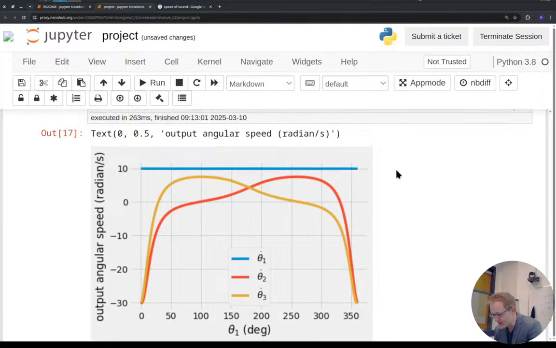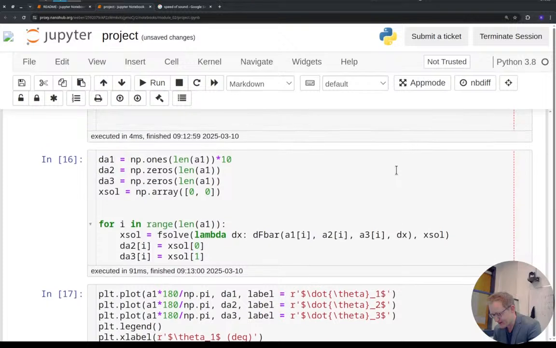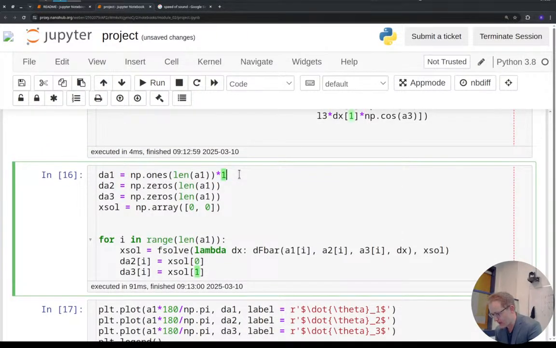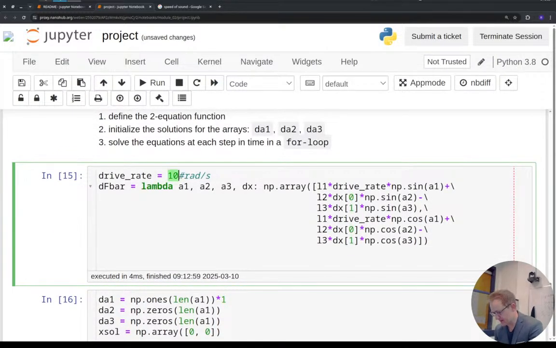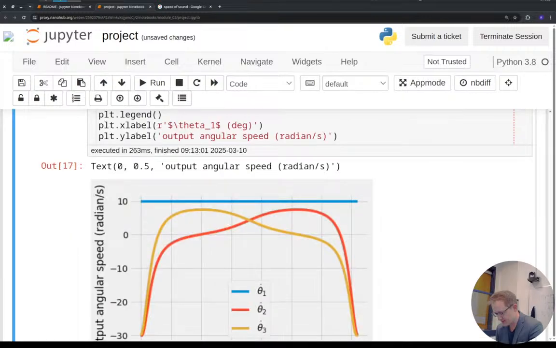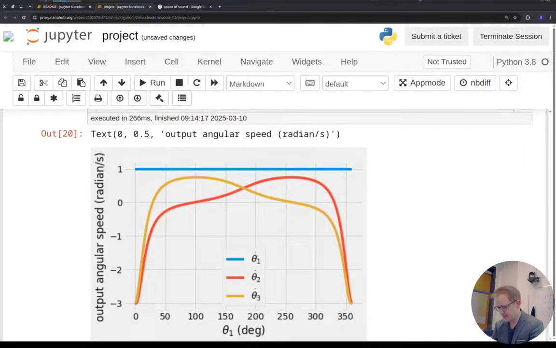And maybe we need to reduce our drive speed, right? All right, we can't run this thing at 10 radians per second. We got to slow it down. So let's make our drive rate just 1 radian per second. Wait, that's what that rate was?